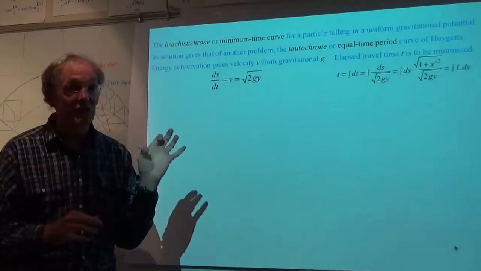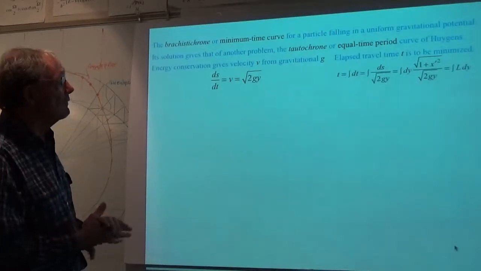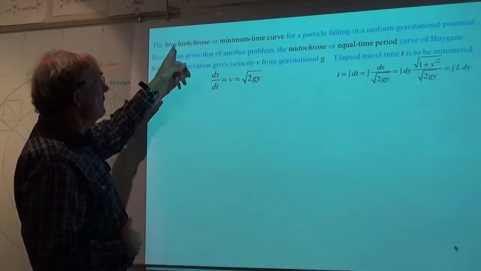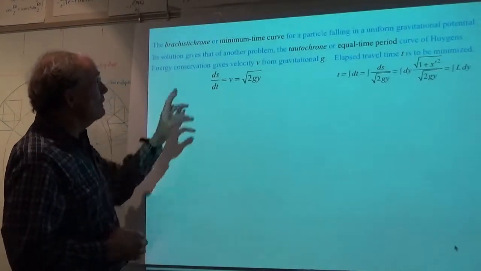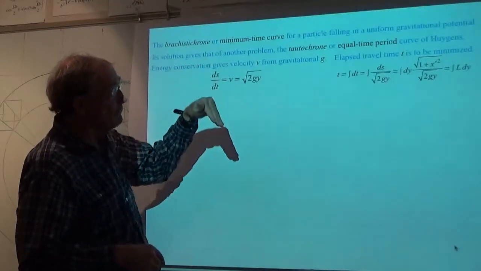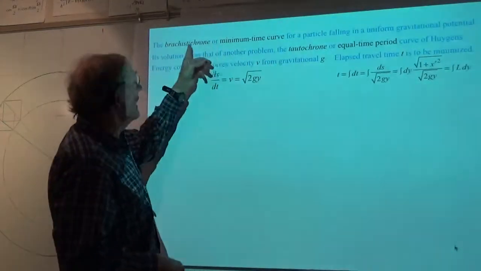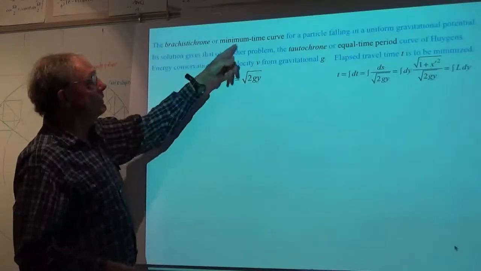We've already done a little bit of that. I've been pulling from Unit 7 sort of piecemeal here. But this idea that a cycloid is a brachistochrone, a minimum time curve for a particle falling in a uniform gravitational potential, but being constrained to that kind of curve, or some other curve that isn't a minimum time curve.